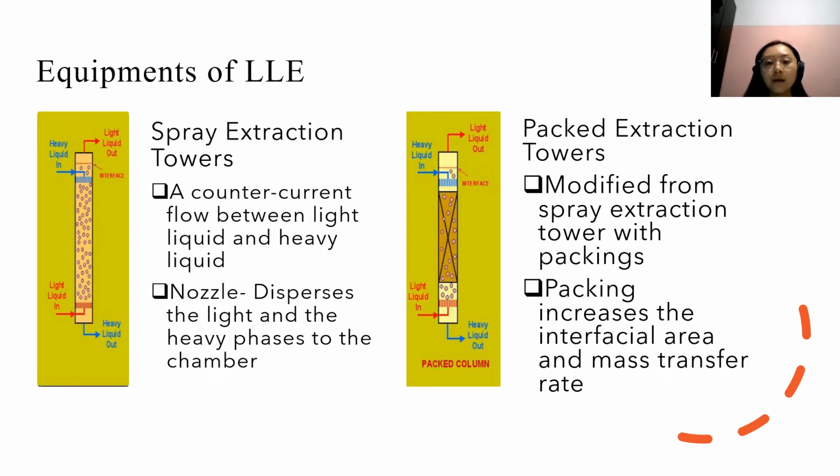Packed extraction tower is also one of the equipments of LLE. It is modified from the spray extraction tower with packing and is operating similar to the absorption packed tower. The packing in the tower is used to increase the interfacial areas and mass transfer rate.